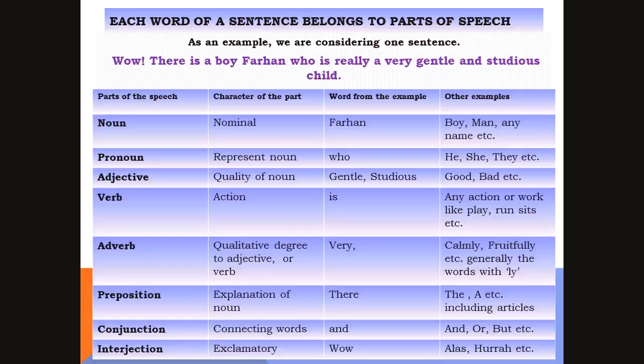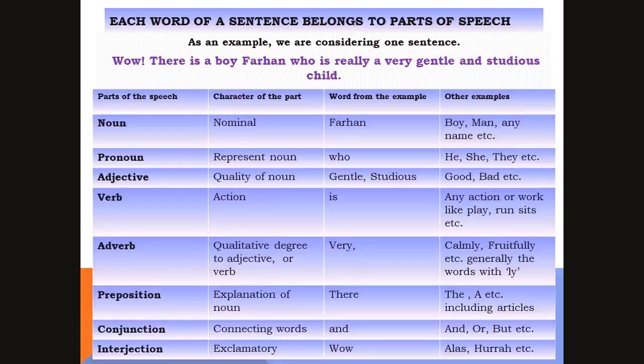Now, not limited to that, because every part of speech has different characteristics, and there are also several ways to know and understand the parts of speech. The basic idea you will get from this slide.